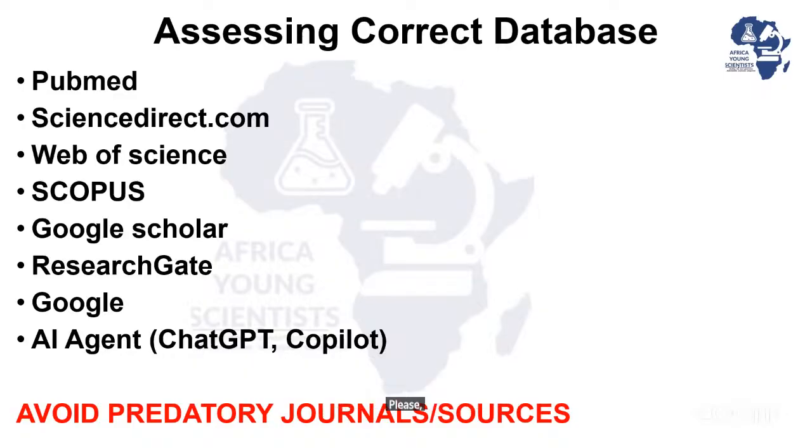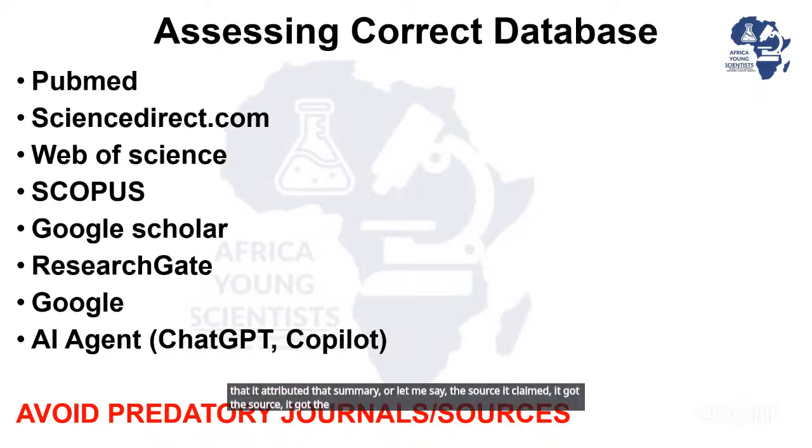Please, please, please verify those sources before you rely on the summary of the AI. Sometimes the summary of the AI is correct, but the source it claimed it got the information from is wrong.